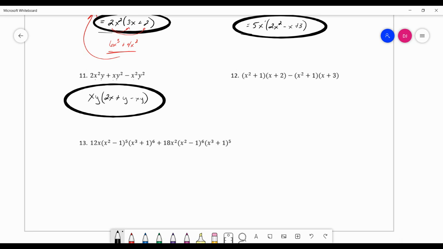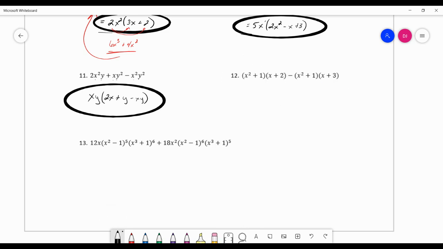Notice that in this first expression here, the x squared plus 1x plus 2, as well as in this second expression here, there's an x squared plus 1 and an x squared plus 1. There's an x squared plus 1 in each of those. So I can actually factor out, let's clean that up.